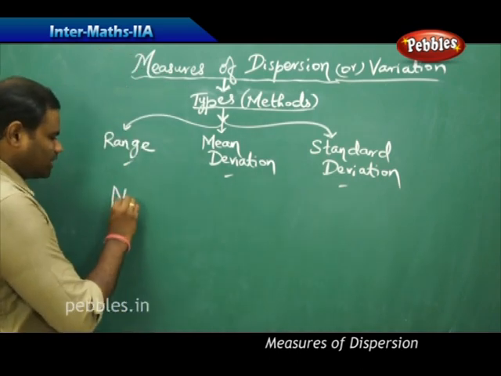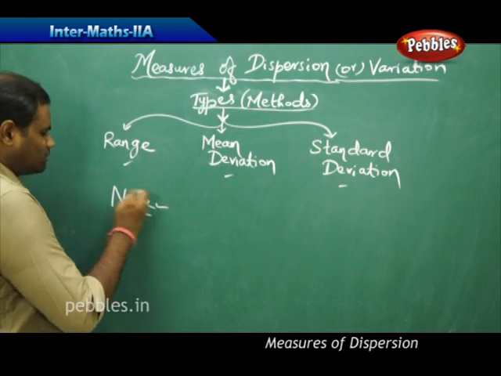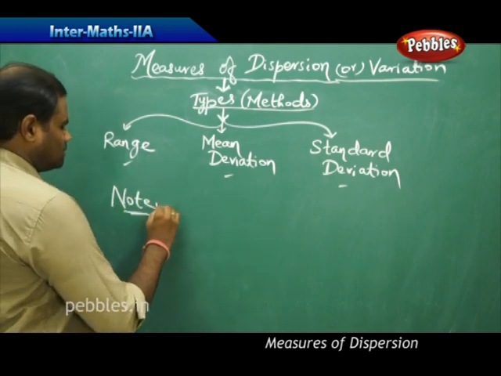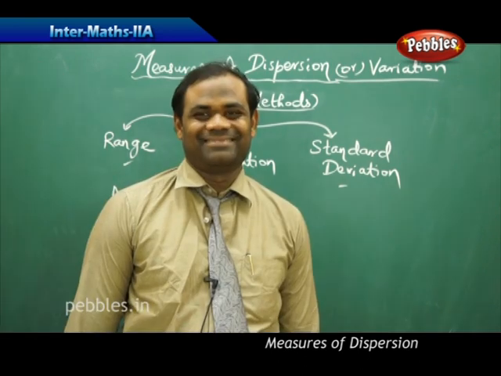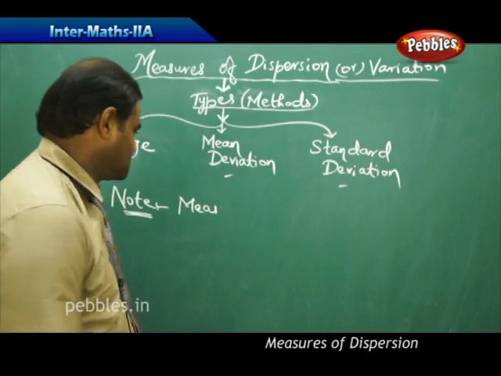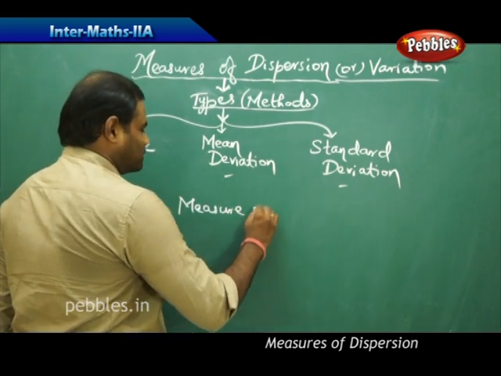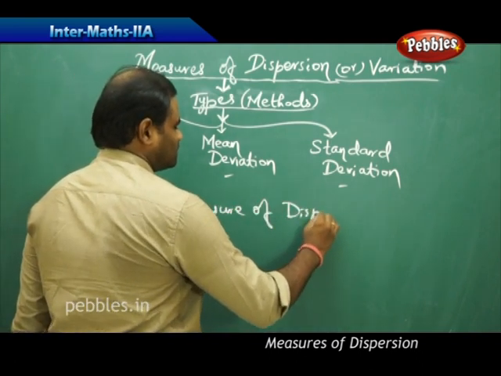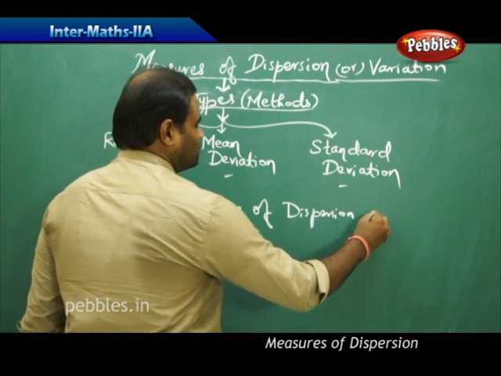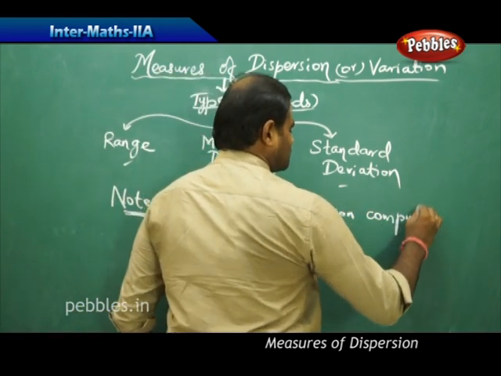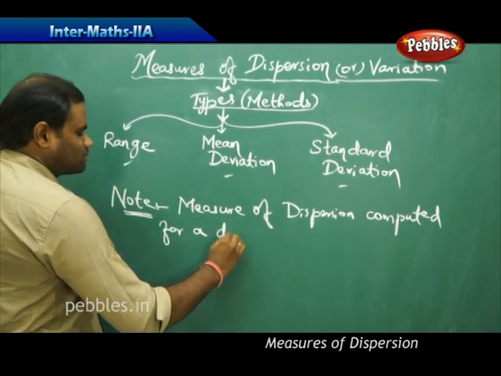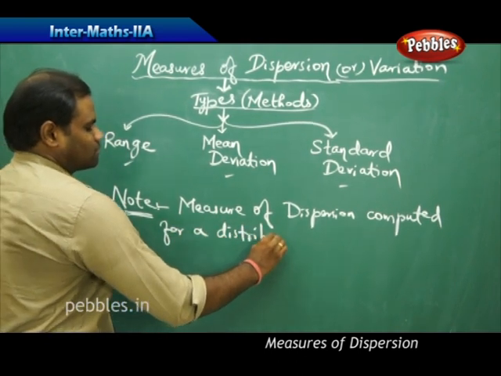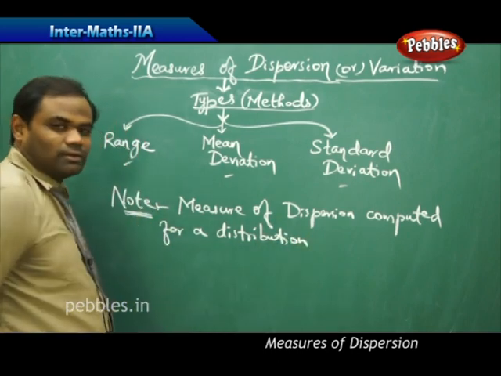Now, to make a note here, the measure of dispersion computed for a distribution is called statistic.